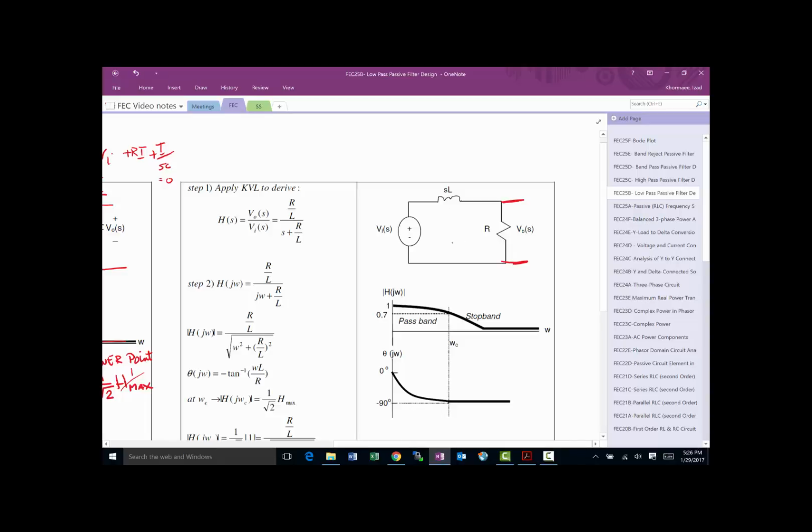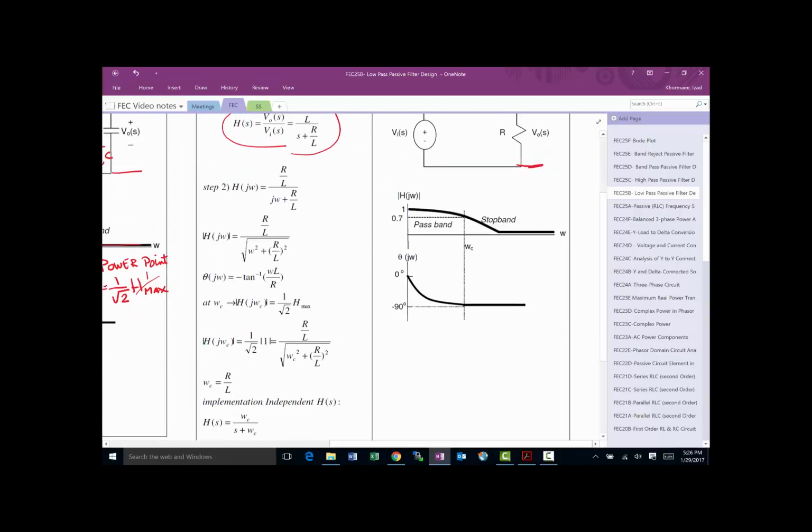Same idea: you can do a KVL, clean it all up, find the Vout over Vin equation, and you end up with something like this. Then to find omega c, we set the magnitude of H(j omega) at omega c equal to 1 over square root of 2, and we will find that.